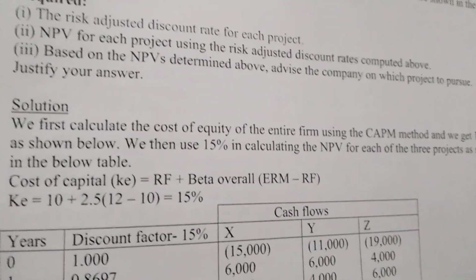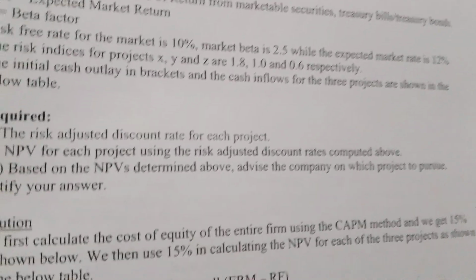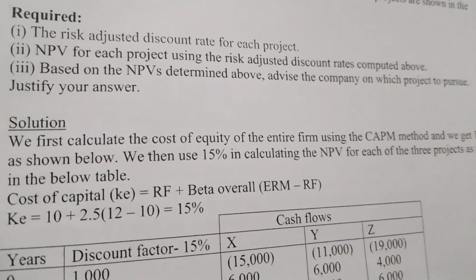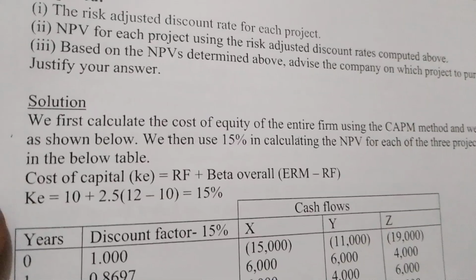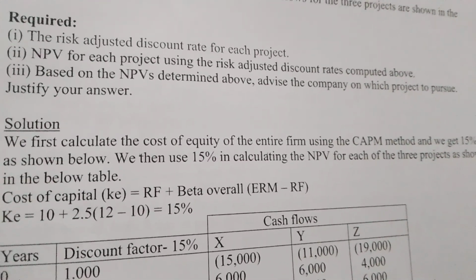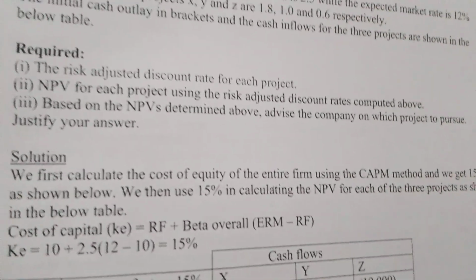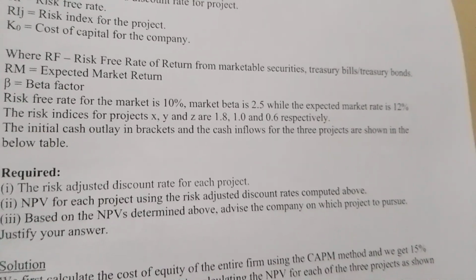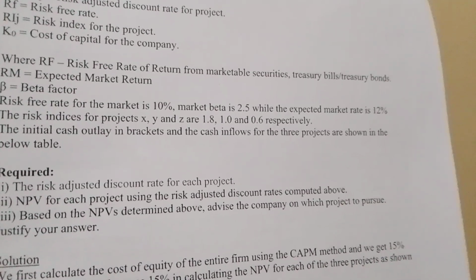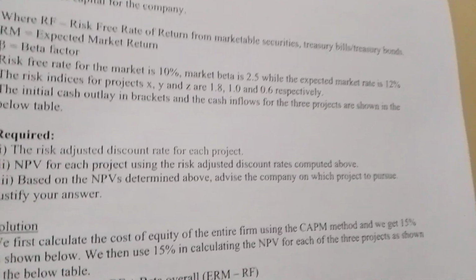So 10 plus 2.5, which represents the market beta, into brackets, expected market rate minus risk-free rate. Expected market rate is 12%, and you'll be told that the risk-free rate for the market is 10%, market beta is 2.5, while the expected market rate is 12%.